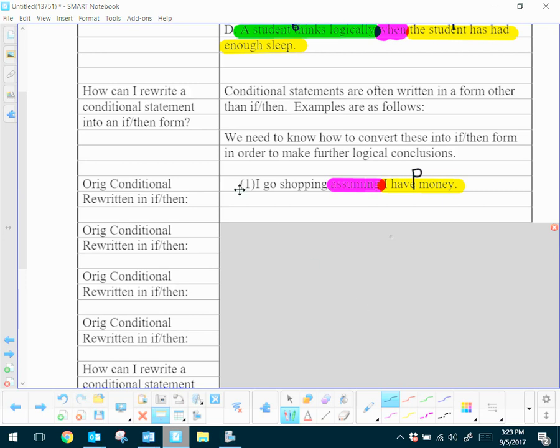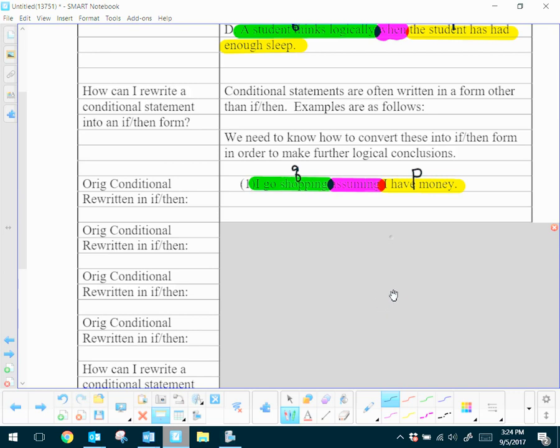This one doesn't have a keyword for the conclusion, and that's okay. Once we've determined where the hypothesis is, we can assume that the rest of the story, or the other thought, will be our conclusion. So here my conclusion is I go shopping. Again, I'm going to put a Q here to make sure I remember that that is the conclusion.